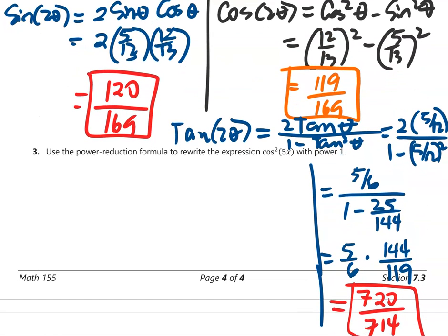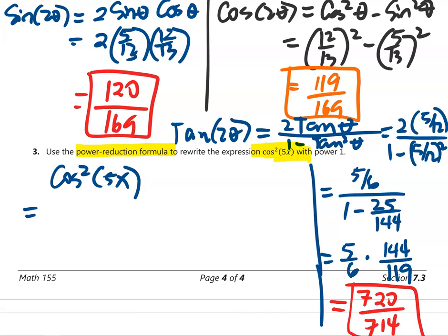Number 3, use the power reduction formula to rewrite the expression cosine squared 5x. So again, I'm going to rewrite it here, cosine squared 5x. So cosine squared, we know that that is equal to 1 plus cosine 2 theta over 2.